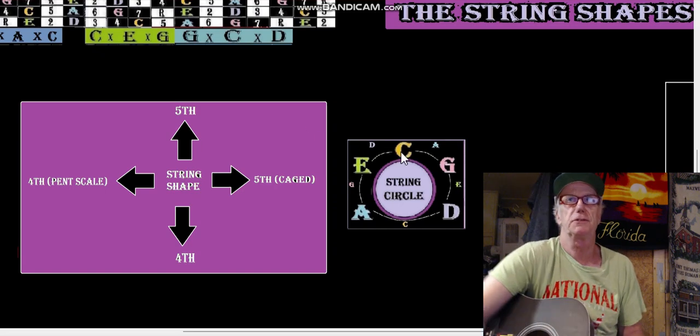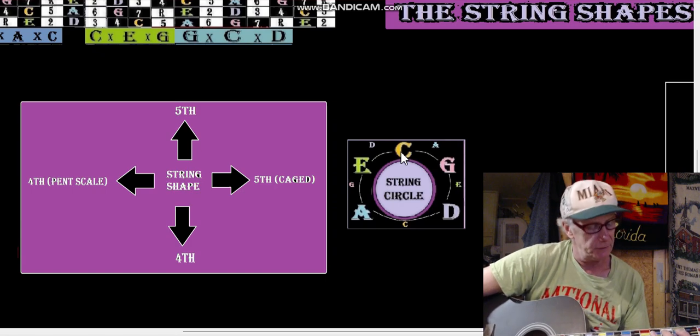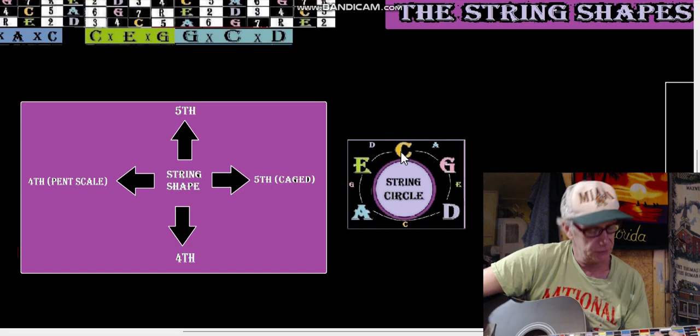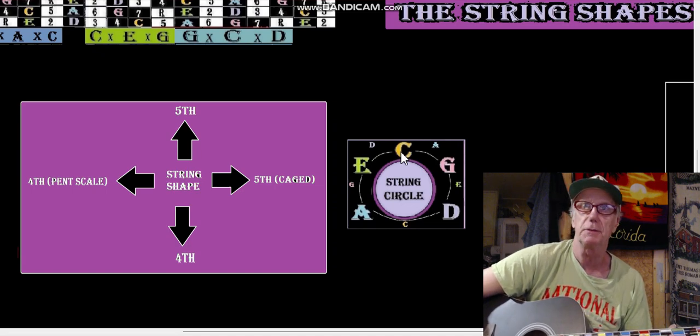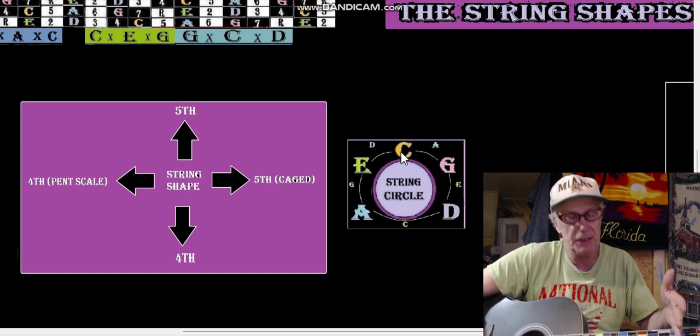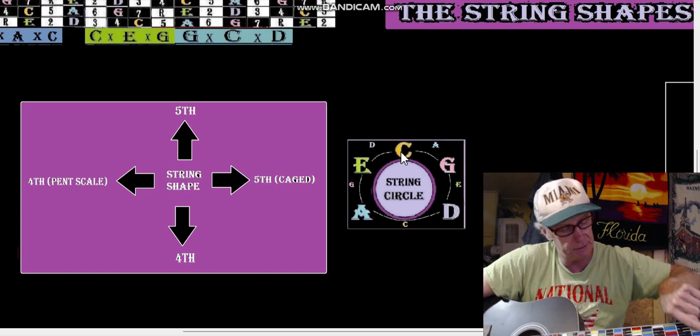Starting from the C string shape, we're going to go to its fifth. 3, 4, 5, its fifth is 6, 7 root. The G string shape, its fifth is 2, 3, 4. The D string shape, its fifth is A, the short A string shape. Its fifth, warping up, is 7 root 2. Now it fits nicely into the C box because the 7 would be over here.